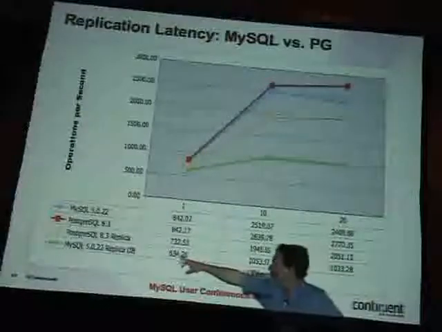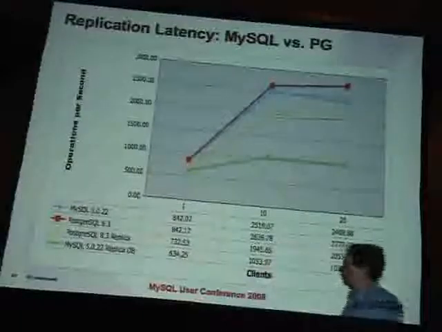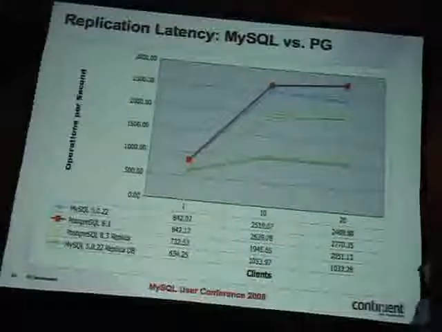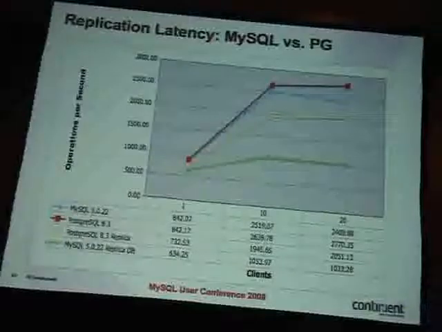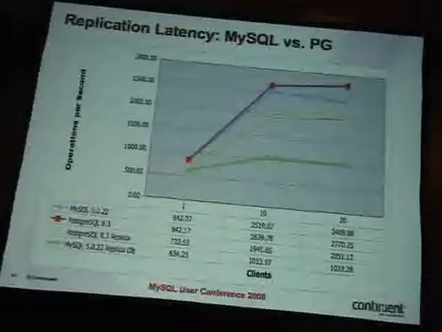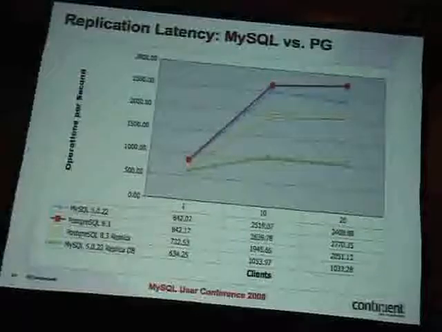With one client, you get about 600 inserts per second. With 10 clients, you only get about 1,000. So what you're basically getting is serialization effects. When you set up replication, it's very important to pay attention to the configuration settings on your server as well as your operating system.